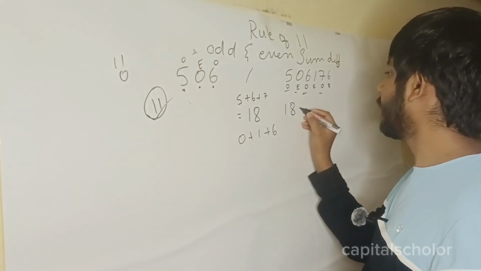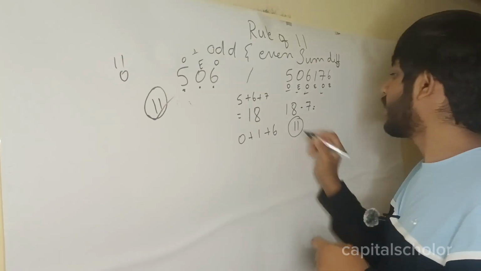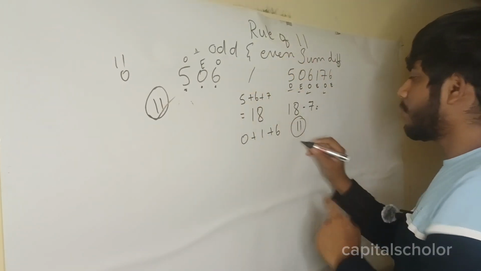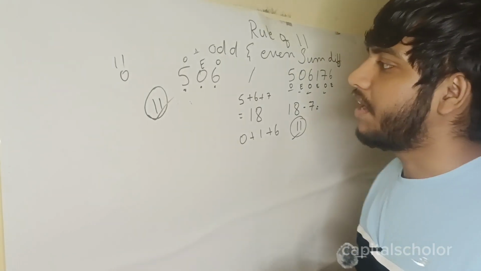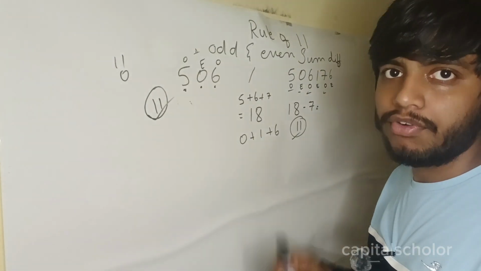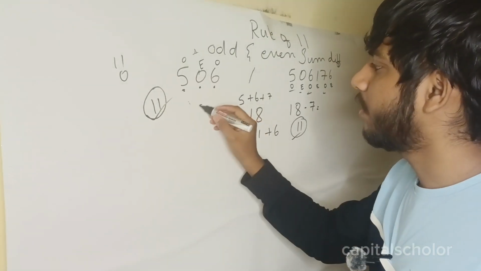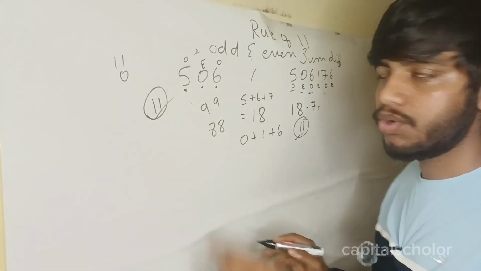So 18 minus 7 is 11. Hence it is divisible by 11. I don't mean that the answer should be exactly 11. The answer should be a multiple of 11, for example 22, 33, 44, 55, 66, 88, 99. If the answer is divisible by 11, then it is correct.